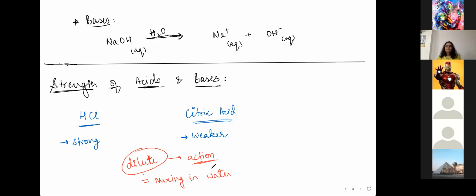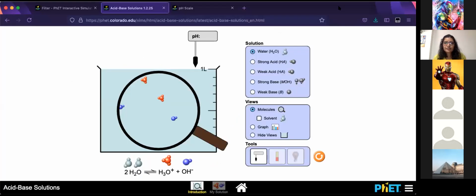Yes, citric acid is weaker than HCl because the property of citric acid is that it cannot give the H plus ions as easily as HCl. So that's what makes it a weaker acid. So something being dilute is something in our hands. Okay. So here's how you can visualize it.